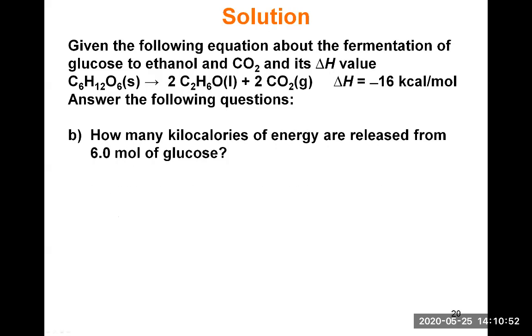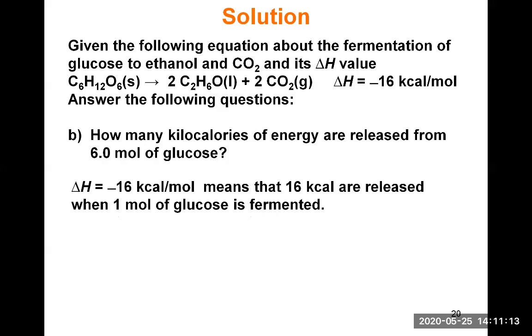So let's look at question B using the same information. How many kilocalories of energy are released from 6 moles of glucose? So this time it's not 1 mole of glucose that reacts, but 6 moles of glucose. So again, the delta H that was given here means that it's releasing 16 kilocalories when 1 mole of glucose is fermented.